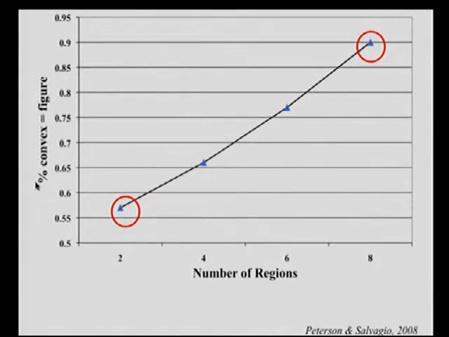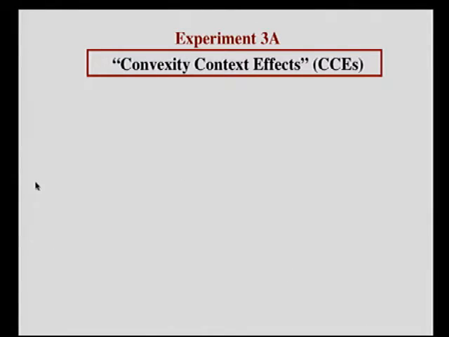There's some contribution from convexity, but it's only determining where the figure or object lies on approximately 57% of the trials. And you can see a systematic increase with the number of regions. So context matters, but why does context matter? So we call these convexity context effects.